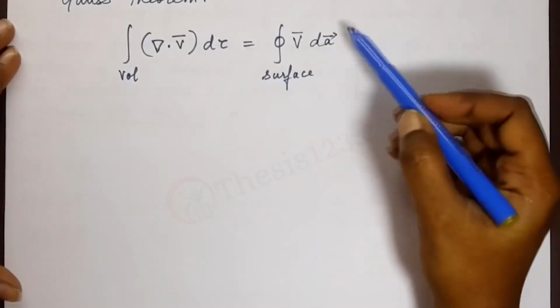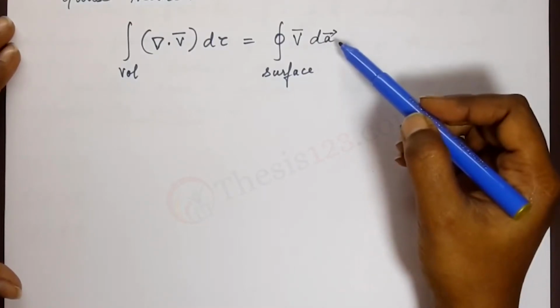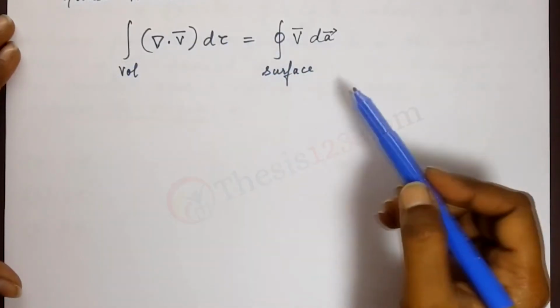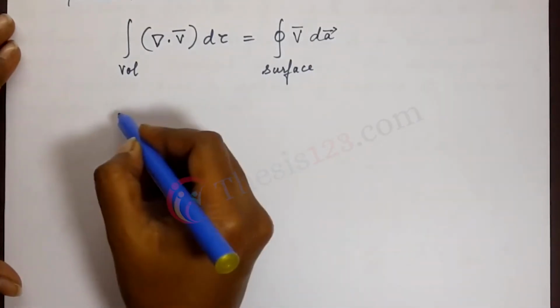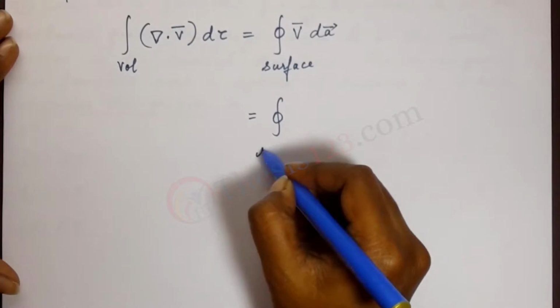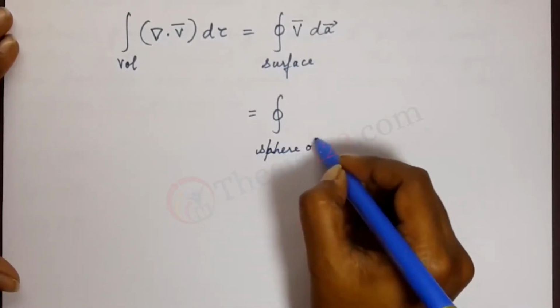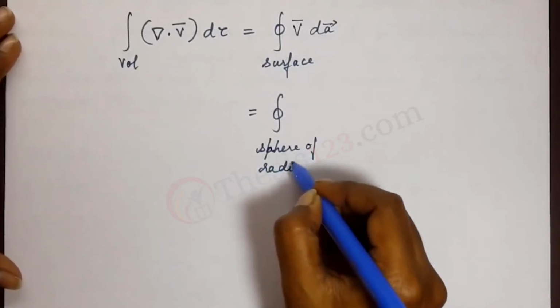Now here dA corresponds to the sphere. We are going to work only in spherical coordinates. So this would now equal, here we are working on a sphere of radius r.